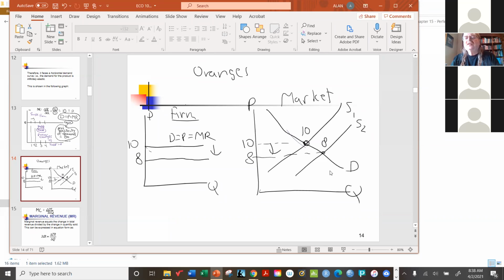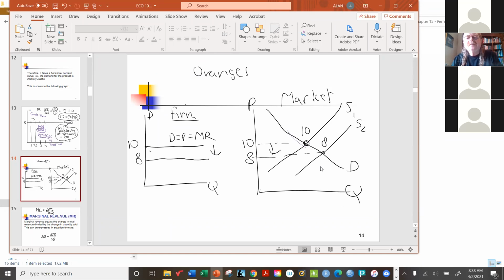So if the raspberry shakes become too expensive, people will switch to other types of drinks. So the entire market for raspberry shakes does have competition from other types of drinks that people could potentially buy. So because of that, the demand curve for the entire industry has its traditional downward sloping shape that we're used to seeing. And so the intersection of the supply and demand curves for the entire industry is what's determining the price that each individual firm sells.